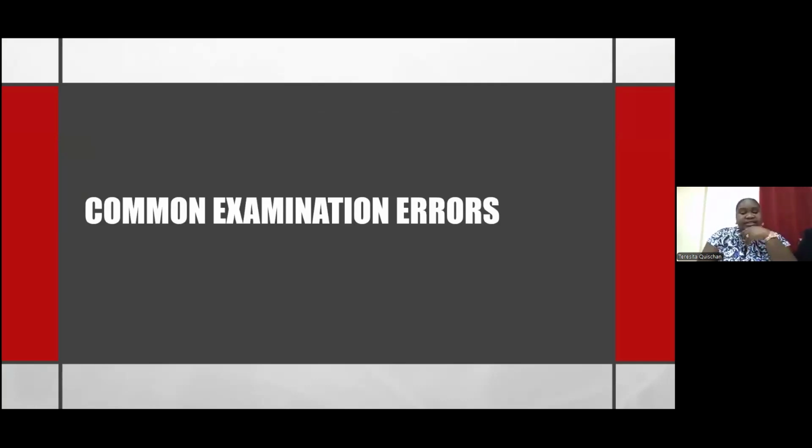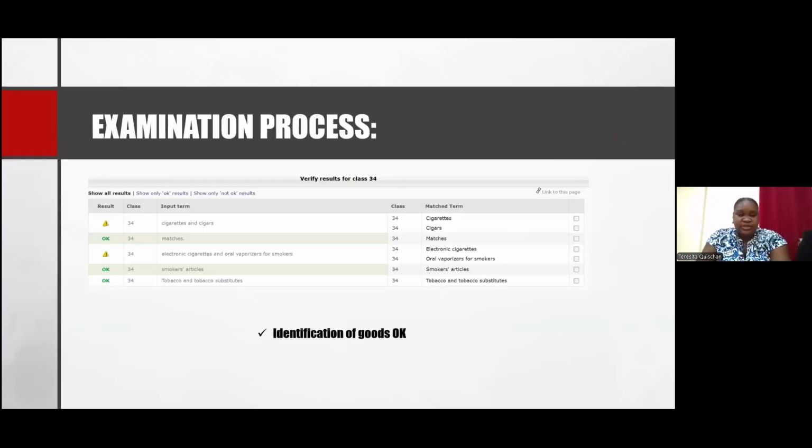TM Class indicates whether a term is acceptable by displaying OK in green, as you noticed before in this display. Once it is in green, it is OK. If a term is only partially found, it is flagged with a warning symbol, or we can call it a caution sign as well.